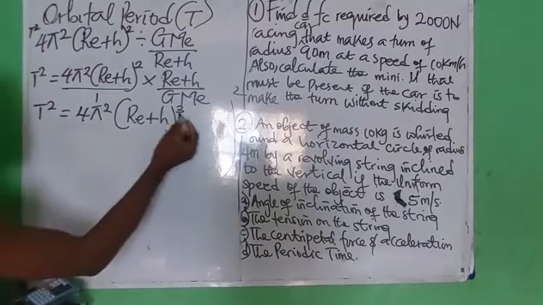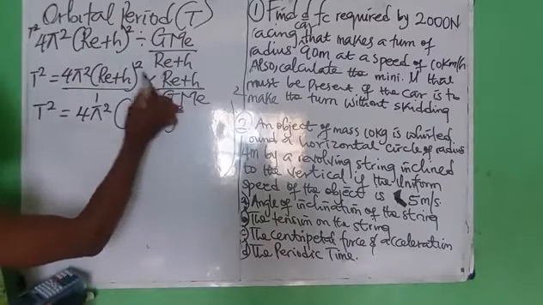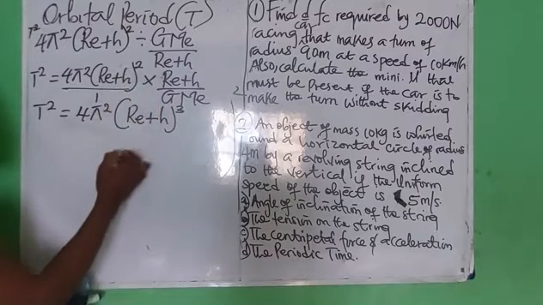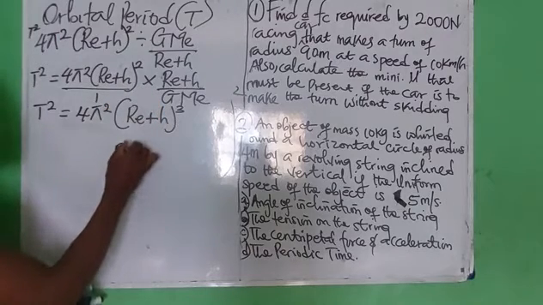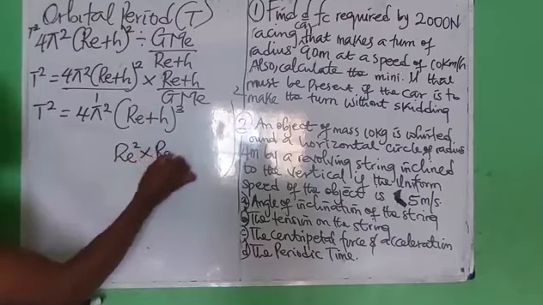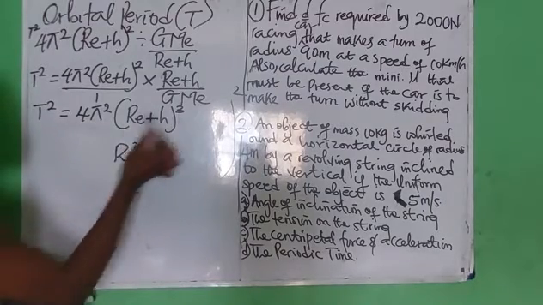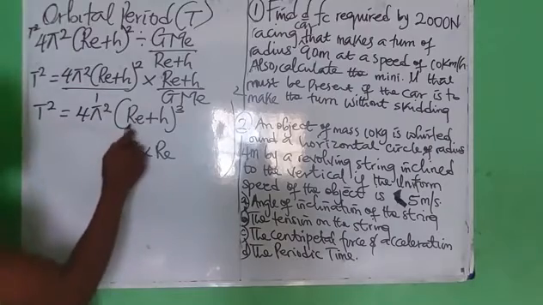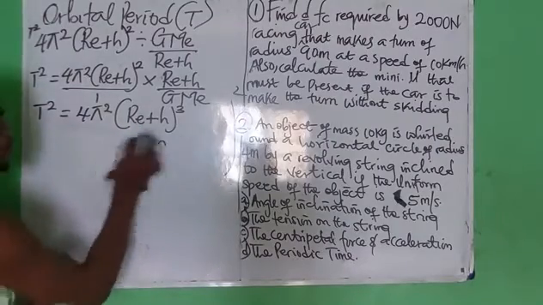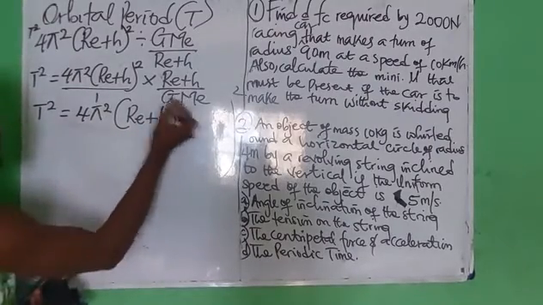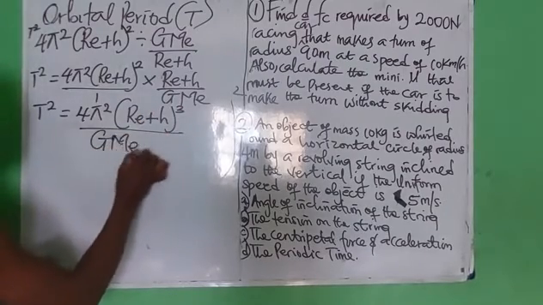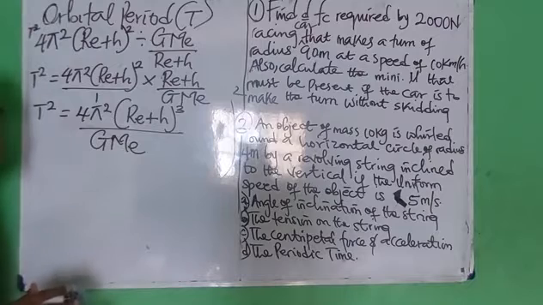Yes, it's H cube because we have one extra here. This two will affect everything inside the brackets. It's as if you are saying RE squared times another RE, you have RE cube. Here the same thing applies, so it is RE plus H cube. Then over this times this is the same as G M E. Are we done simplifying?